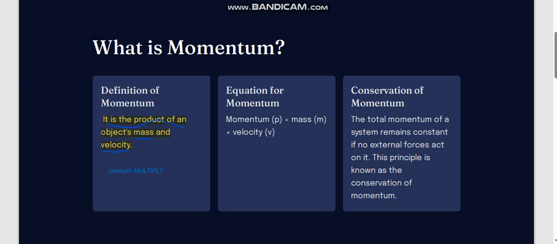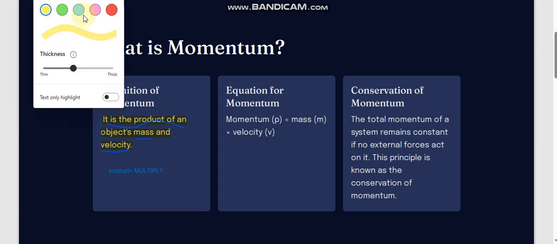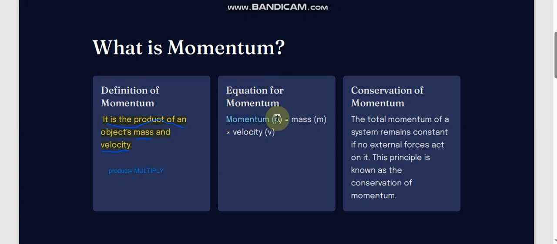And even if we take a look at the equation, you can see that momentum, which is denoted as a small p, is equal to the mass, denoted as small m, multiplied by the velocity, denoted as small v.